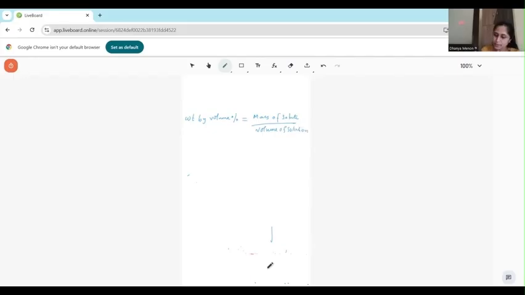Now the first question: a sugar solution is 10% weight by volume. I'm just writing the short form. Find weight by weight percentage. So what is the question that you have? Weight by weight percentage.